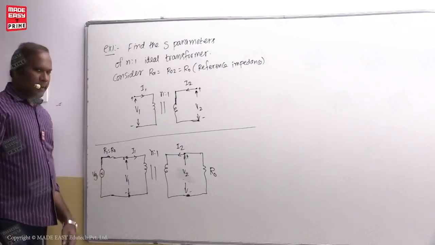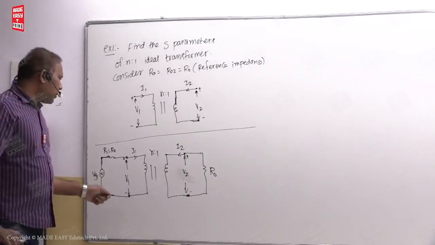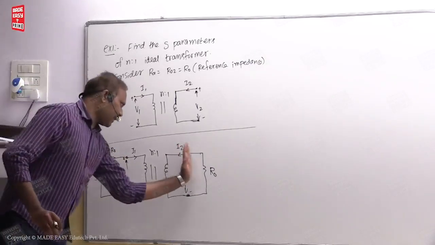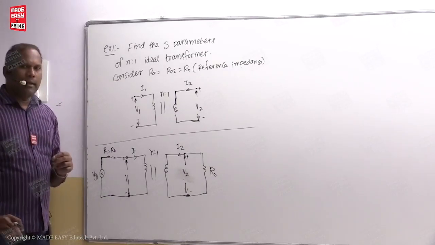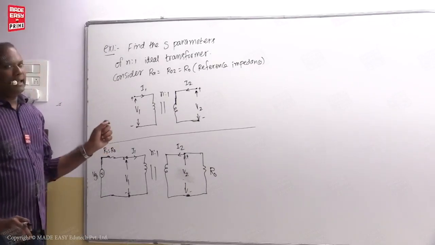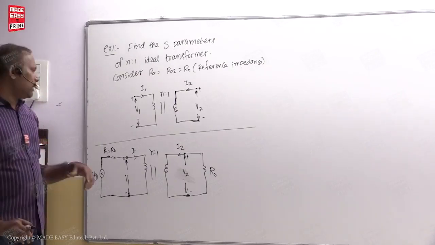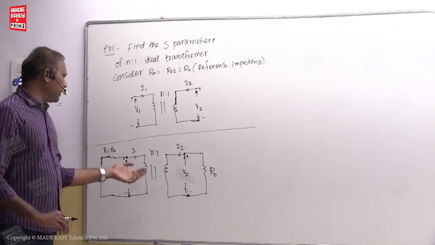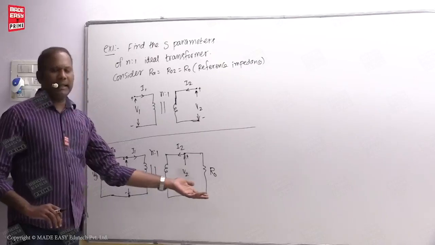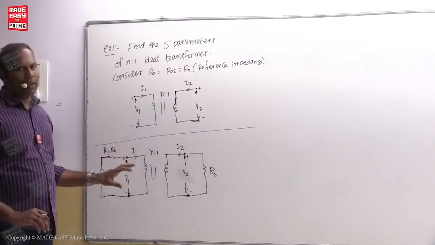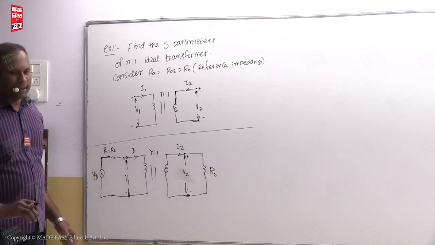Now the discussion starts. This connection, and this connection, is done for deriving the S parameters. Once you derive these S parameters, you can connect anything here, and anything here practically, and that S matrix is valid for this two-port network. That is the discussion, students.